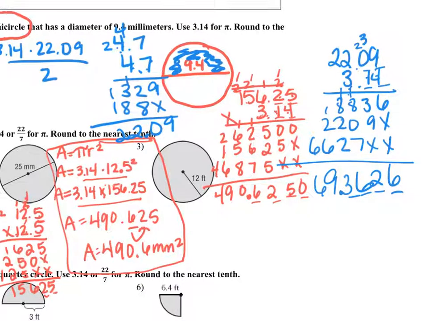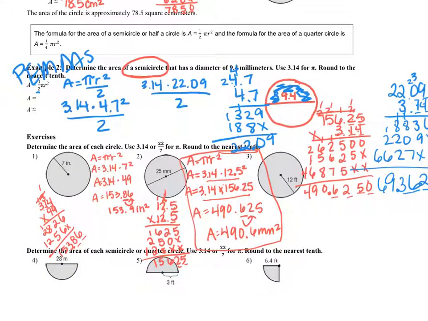So I got 69.3626. I don't want to round until the very end. Does that make sense? If I start rounding, it changes my numbers. So I'm going to divide that by 2.